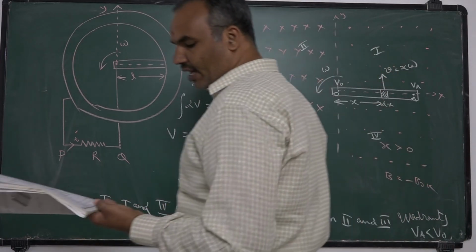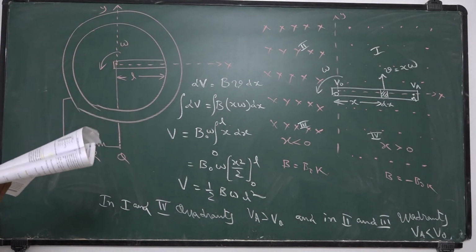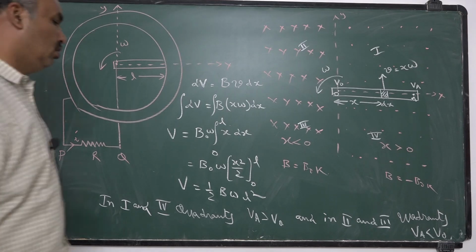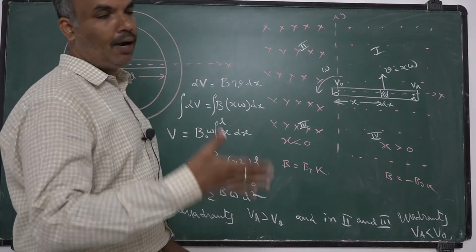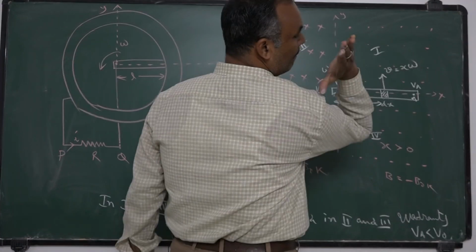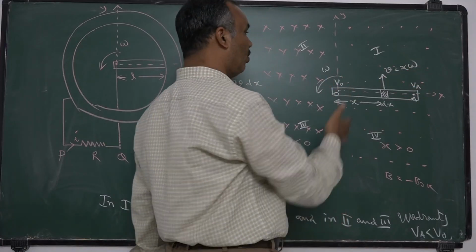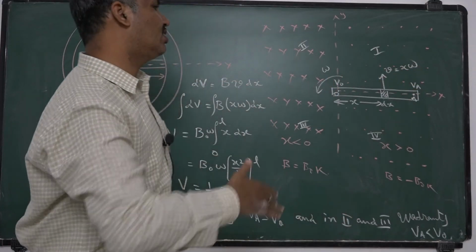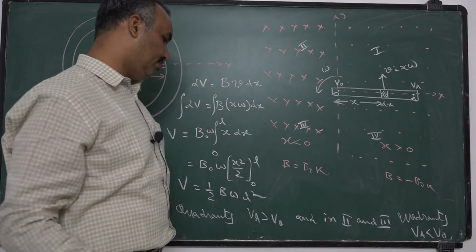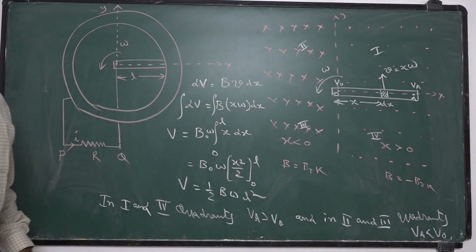As the direction of the magnetic field is changed, the potentials are like that. How do you know VA is greater than VO? By the right hand palm rule. So here the magnetic field is out of the paper, velocity is upwards, so VA is greater than VO. Once it comes to this side, velocity is downwards, the magnetic field is into the paper, so VO is greater than VA.